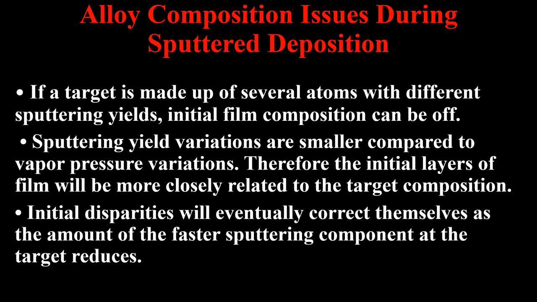Initial disparities will eventually correct themselves as the amount of the faster sputtering component at the target reduces. Okay. With the given time, the faster sputtering component of the target will reduce, and this will turn our film into a uniform film, but after some time.